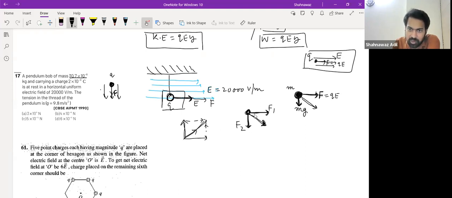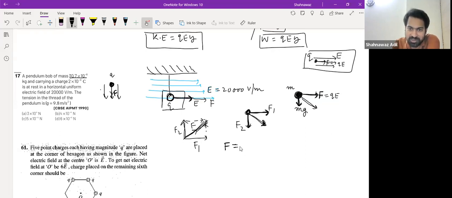If the vectors are perpendicular, what is the resultant? So if vectors are perpendicular, say this is F1, this is F2. So what would be this F? Confused, guys?